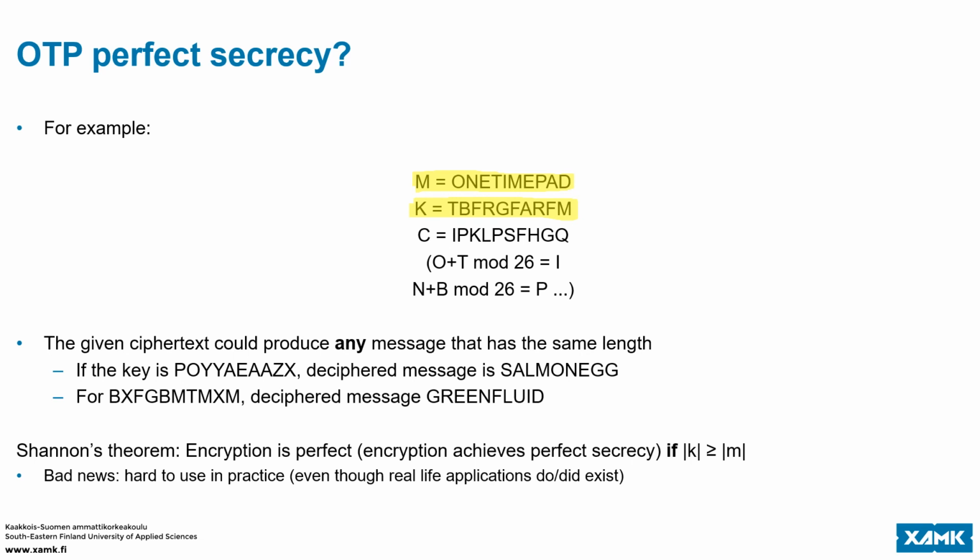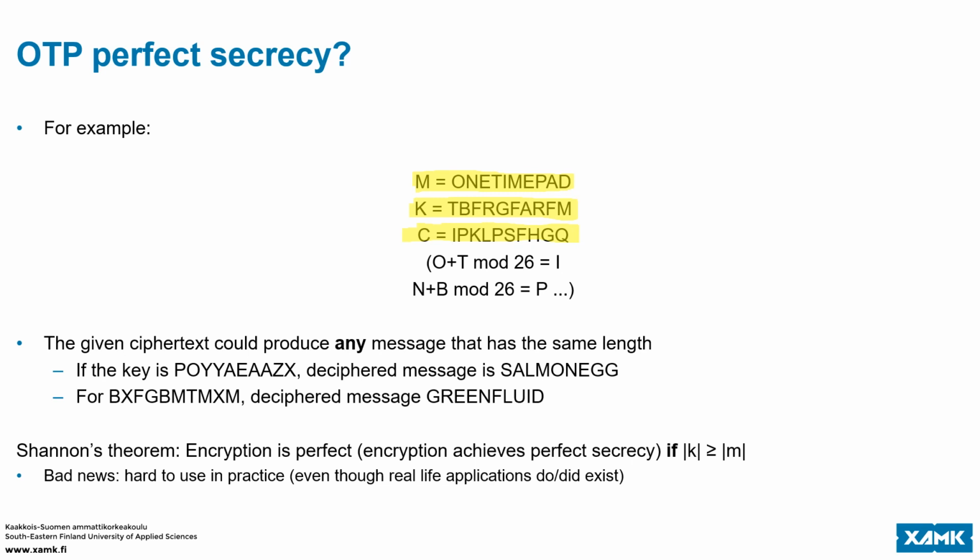Anyway, if we do the exclusive OR operation using bit strings generated from these messages, we would end up with a ciphertext like this. Now, why does the one-time pad achieve perfect secrecy? Well, this given ciphertext could produce any message that has the same length.